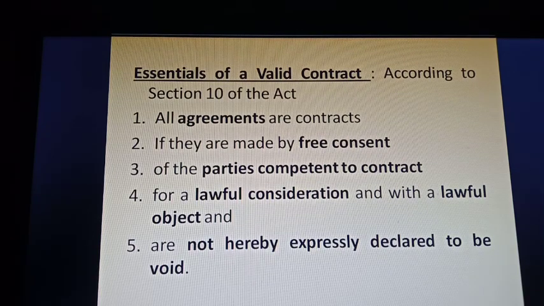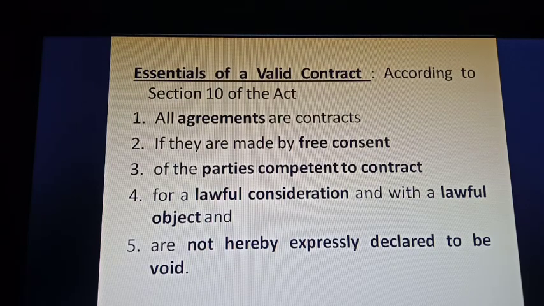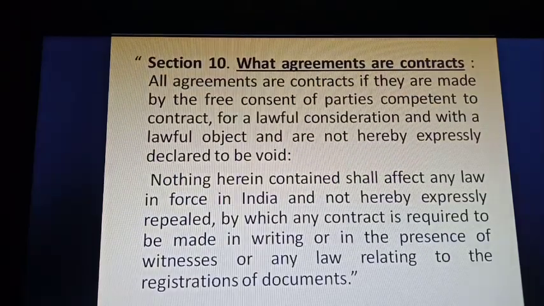So I want to repeat it. According to Section 10 of the Act, all agreements are contracts if they are made by free consent of the parties competent to contract, for a lawful consideration and with a lawful object, and are not hereby expressly declared to be void. So let us study now what is stated in the bare language of Section 10.